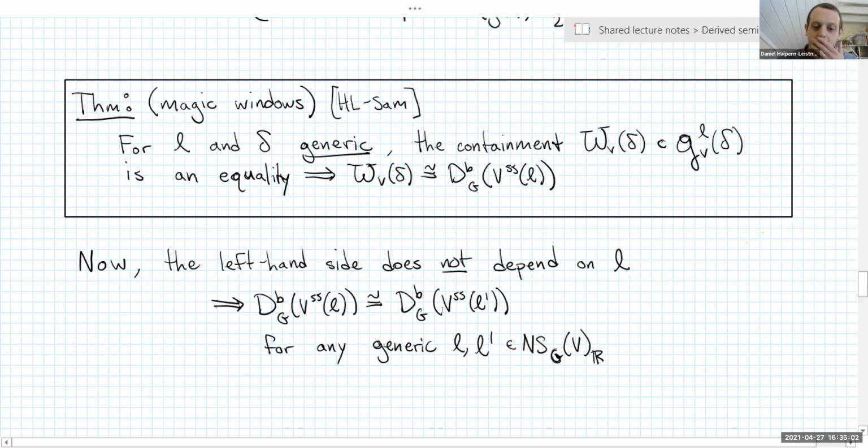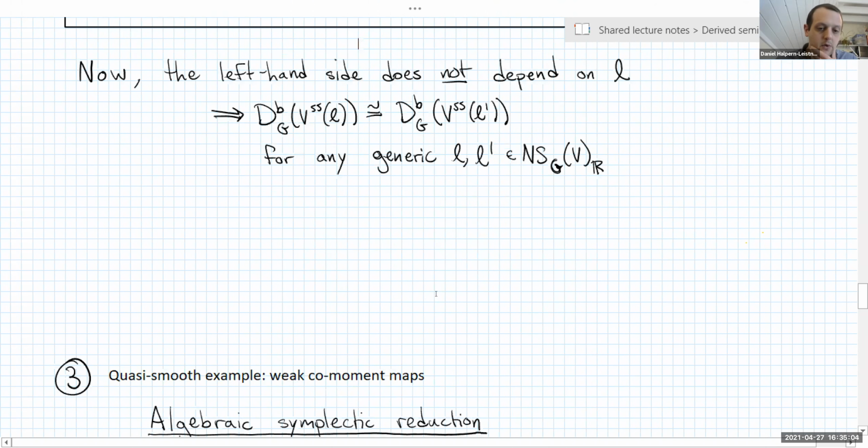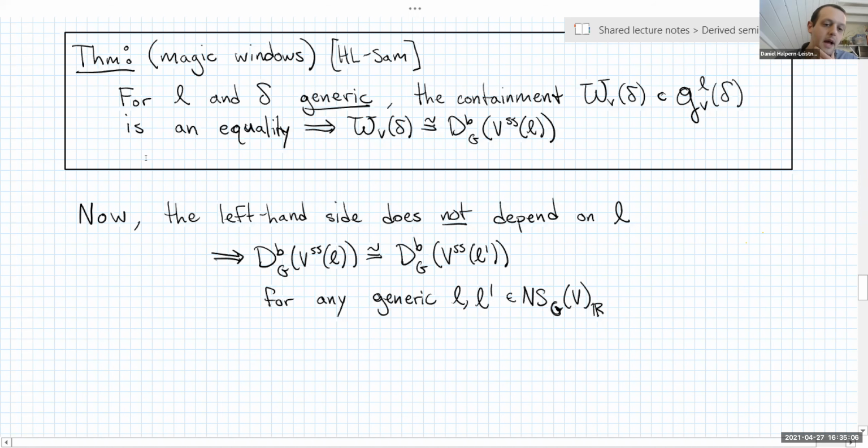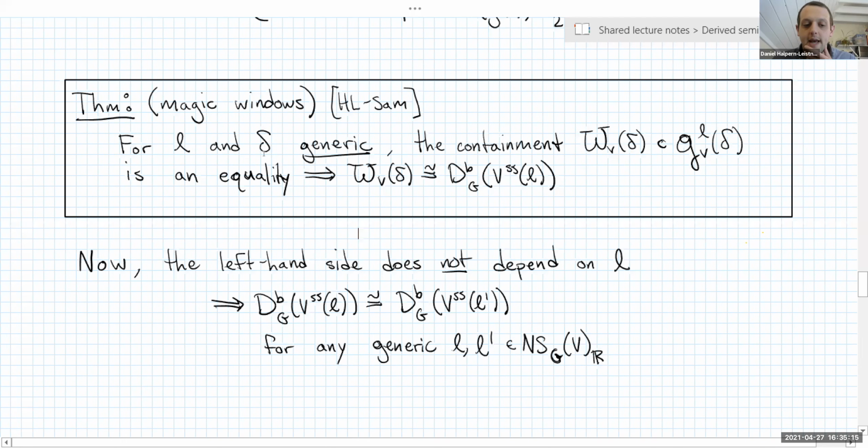If you want to know exactly what generic means, I can tell you, but in particular, I should mention that there doesn't always exist a generic L.